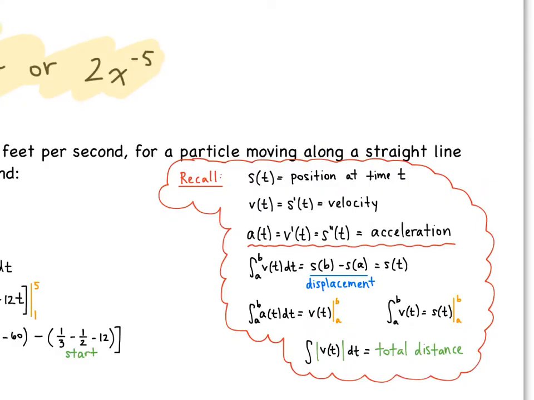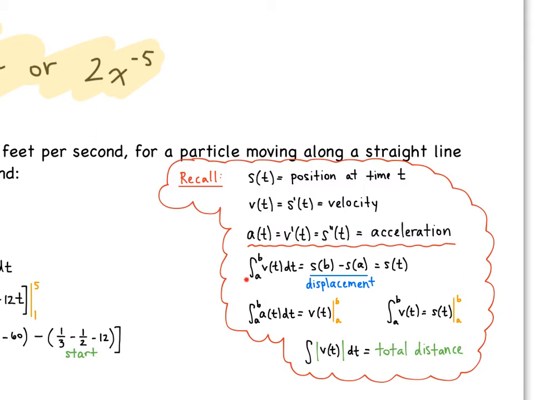Before moving on, make sure you pause the video and get all of these reminders down. Something to remember: s of t is equal to the position function at time t. v of t is our velocity, which is the derivative of s of t. a of t is our acceleration, which is the derivative of our velocity, or the second derivative of our position function.